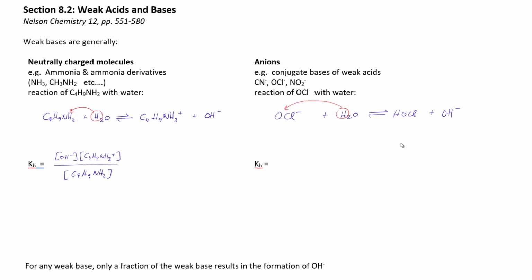Again, generating hydroxide, therefore this is a base. Our Kb equilibrium law is the HOCl equilibrium concentration times the OH minus equilibrium concentration, all over the hypochlorite concentration at equilibrium.